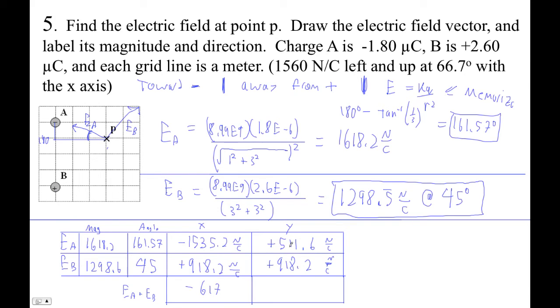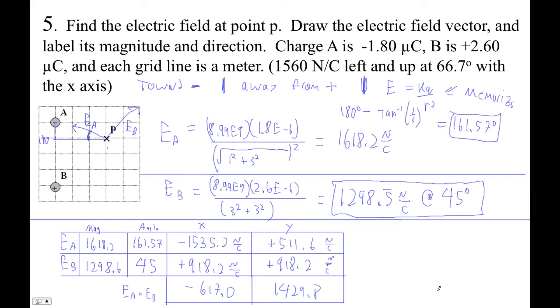All right, and then this guy is 511 plus 918.2 is 1429.8. I guess this is 0.0, right? Okay. Okay, there we go. All right, so it's to the left and it's up a lot.